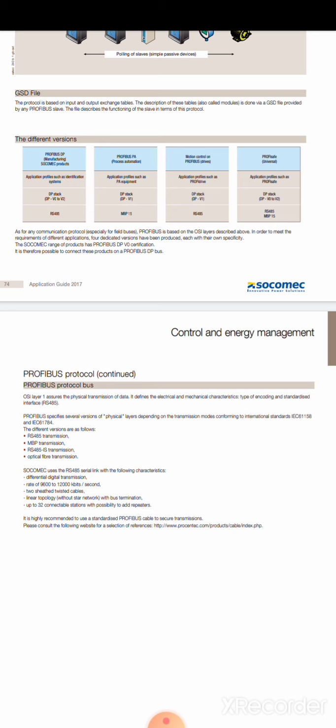Right. The Socomec range of products has Profibus DPV0 certification. It is therefore possible to connect these products on a Profibus DP bus.